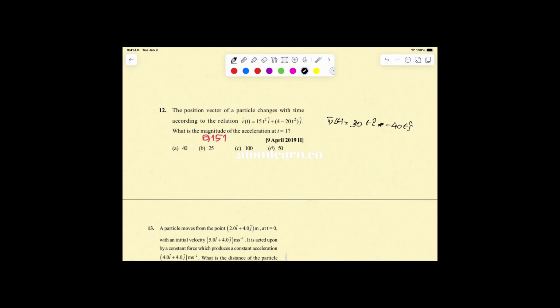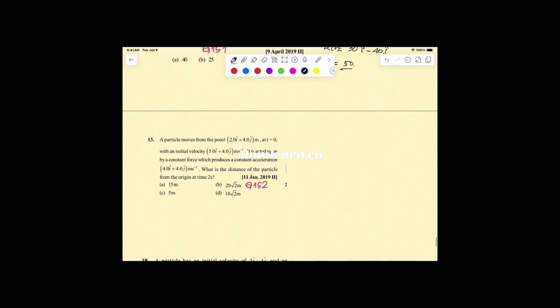That is the velocity. Then differentiate once more for acceleration and you get 30 i cap minus 40 j cap. It is a constant acceleration, so the modulus of acceleration is the square root of 30 square plus 40 square, which gives 50. Answer is 50.